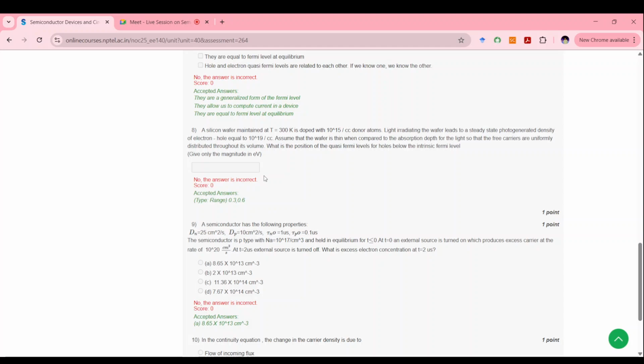Assume that the wafer is very thin when compared to the absorption depth. So that means throughout the wafer, the light is getting absorbed.